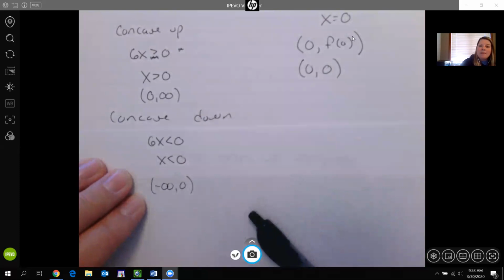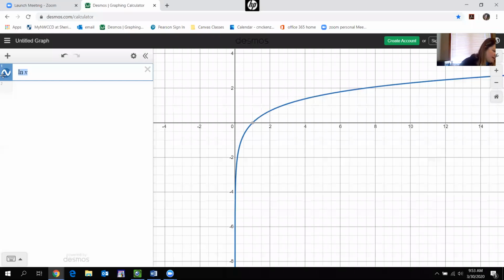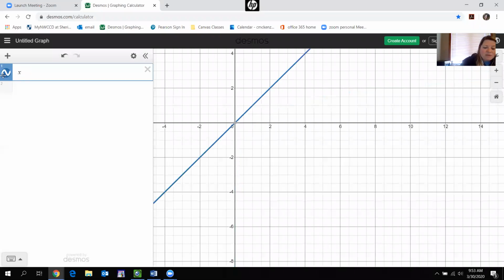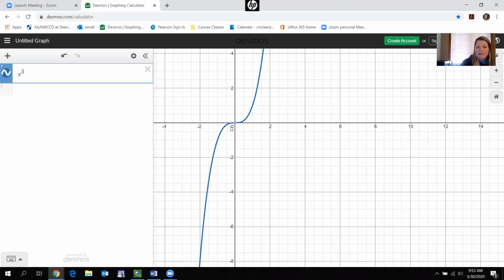Now I'm going to go to Desmos real fast and type in our original function, which is x to the third, and I'm going to look at the original. Look, here's 0, and below that you're concave down, which is what we just said. And above that, you're concave up. So I found the second derivative where it equals 0.